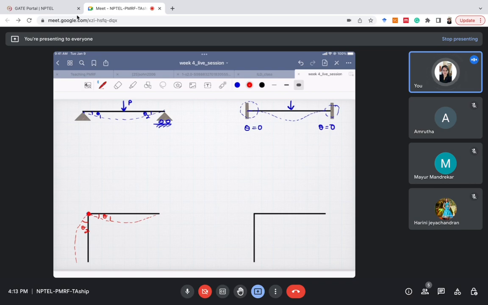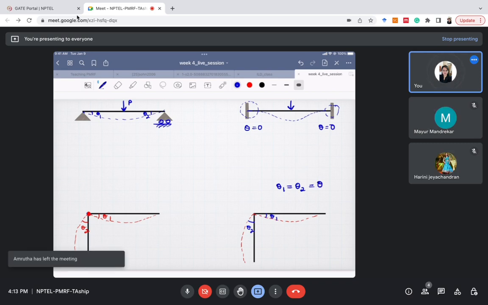Let me tell you the difference if this internal hinge were not present, if it were a rigid joint. Let's call the angles theta 1 and theta 2. In this case, theta 1 will be equal to theta 2, let's call it theta.